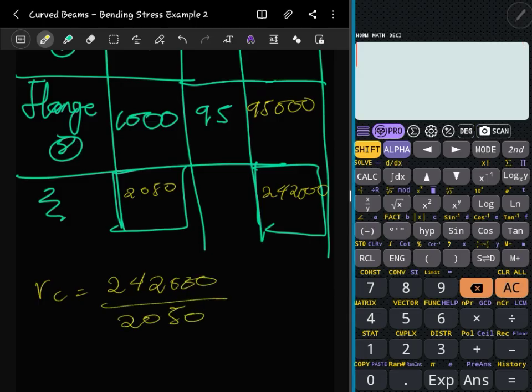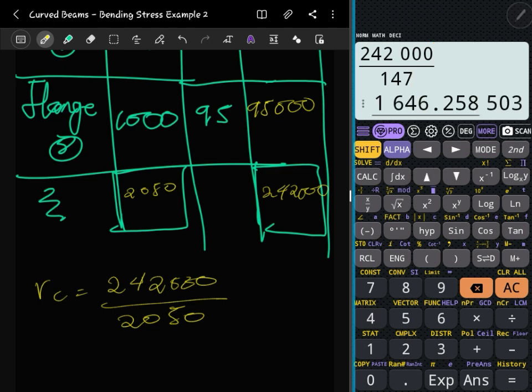So let's see. 242,123 on 2050, and that gives us 1180.